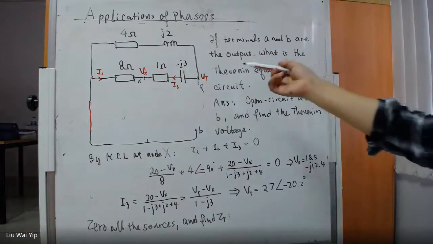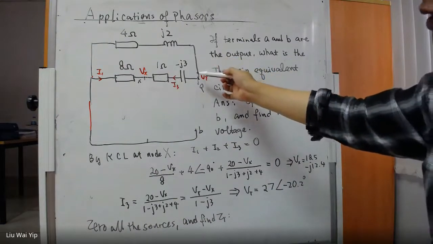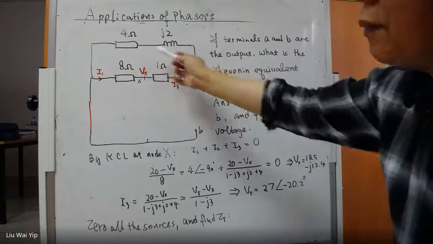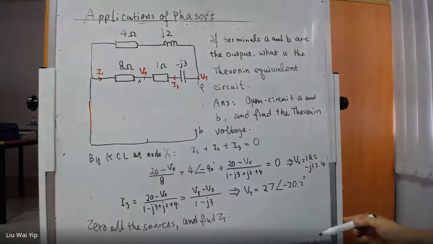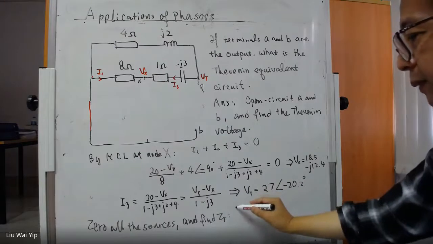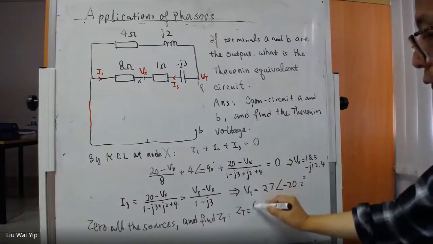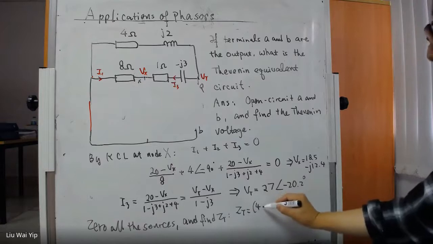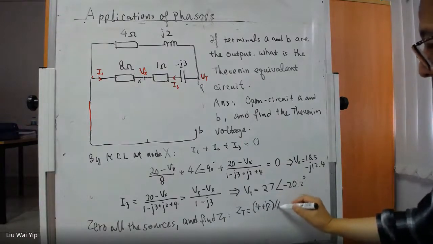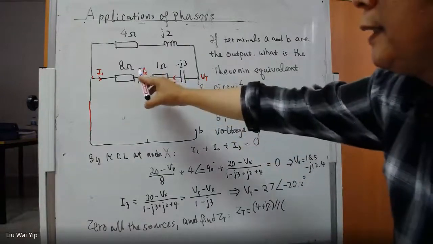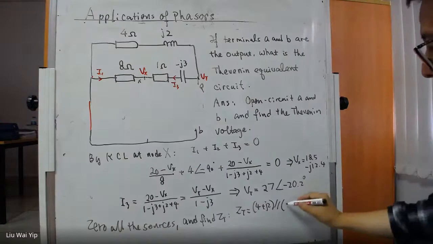Right now, it is very obvious. The impedance is going to be the parallel of the impedance of these two pathways. So ZT is going to be 4 plus j2, in parallel with 1 minus j3.